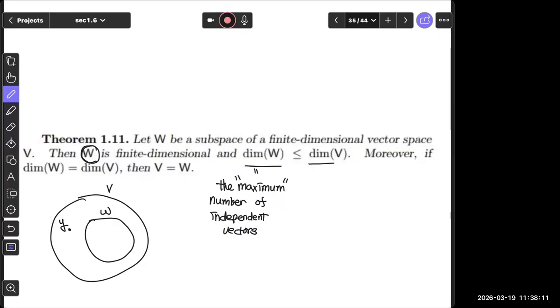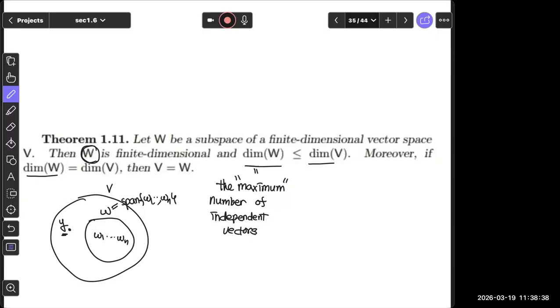If the dimension of W is n, then we have a basis with n vectors which generates W. So W is the span of W1 up to Wn.